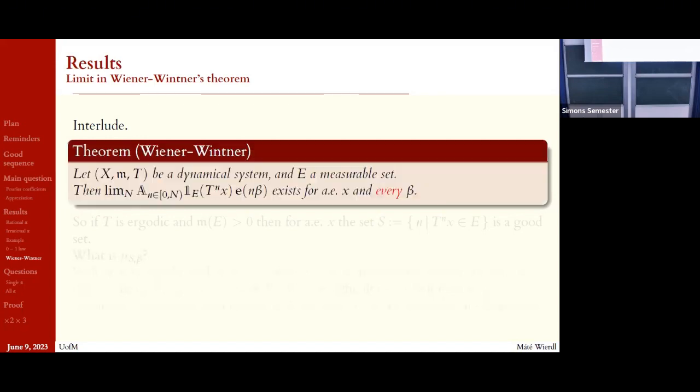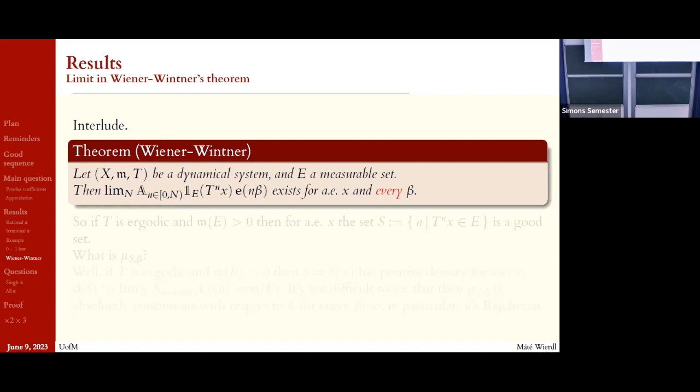In case you are not familiar with that, the Wiener-Wintner theorem says that if you take any dynamical system and E is a measurable set, then the limit of these averages, right? So this is just the usual ergodic averages for the indicator of E, but it is multiplied by e(nβ), exists for almost every x and every β.